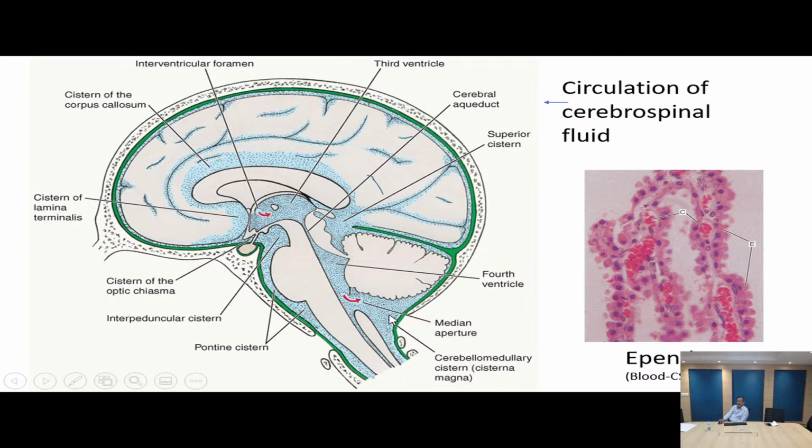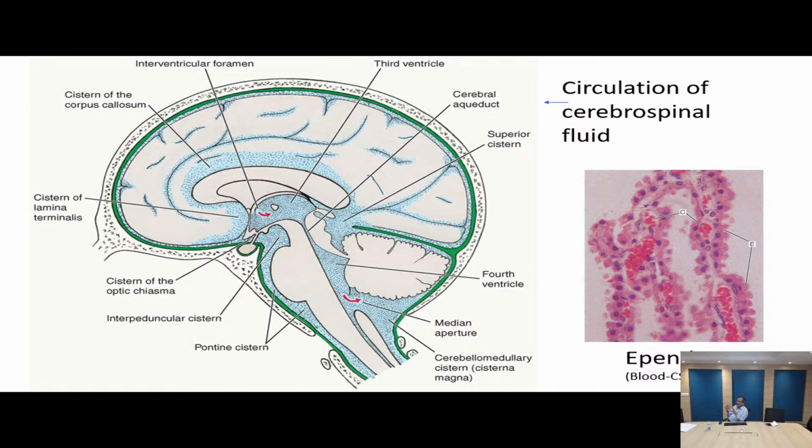Now this CSF, when it comes out of the brain, remains between two meningeal layers. You know that the brain and the spinal cord are covered by membranes known as meninges, and actually they are like mothers which are protecting the brain from injury.